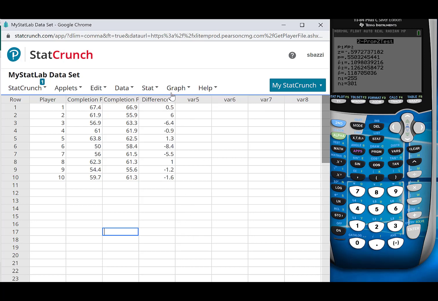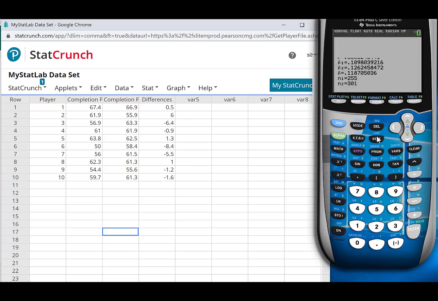If you are to do the differences, guys, and do this on the calculator, here's how you do it on the calculator. So you enter the differences in there. I entered the values in L1 already, guys. So you go to stat, test, t-test. Against 0, don't forget.